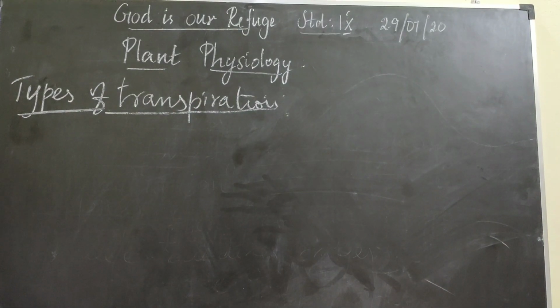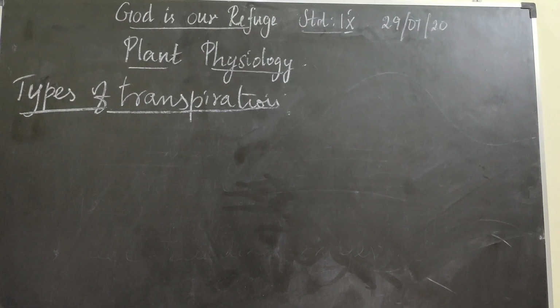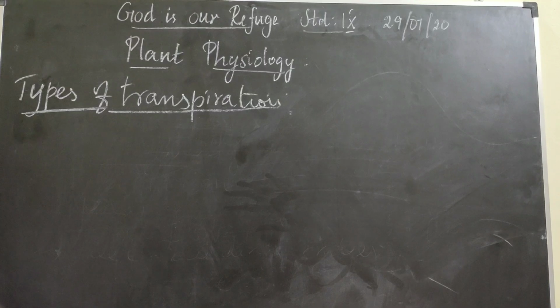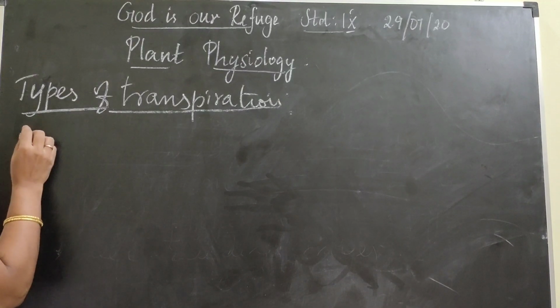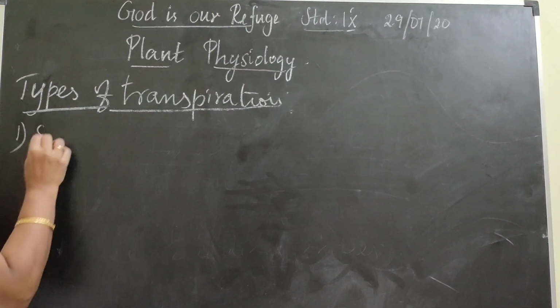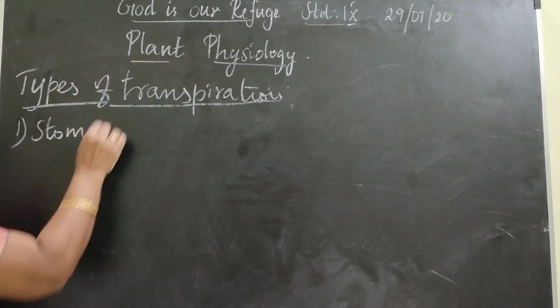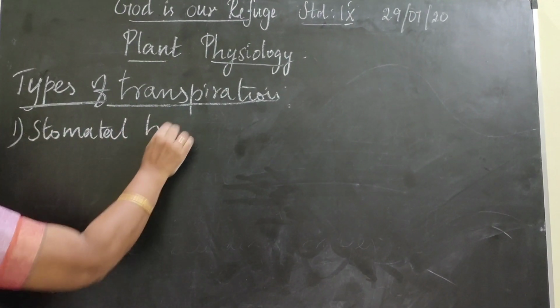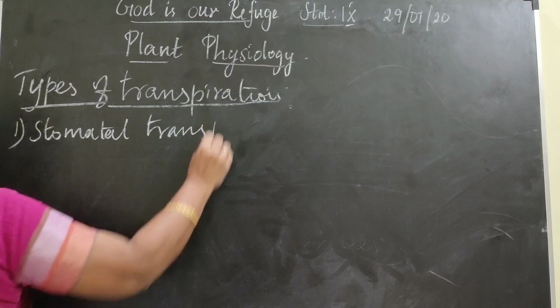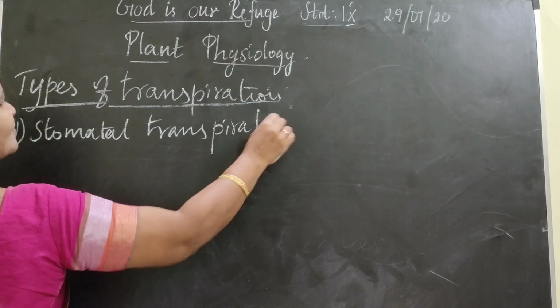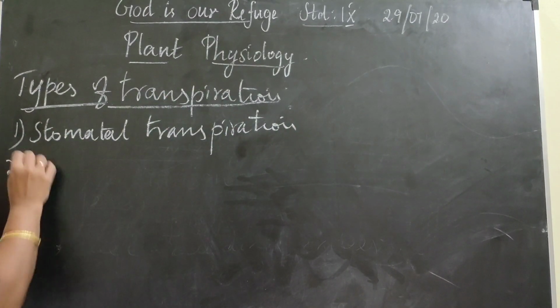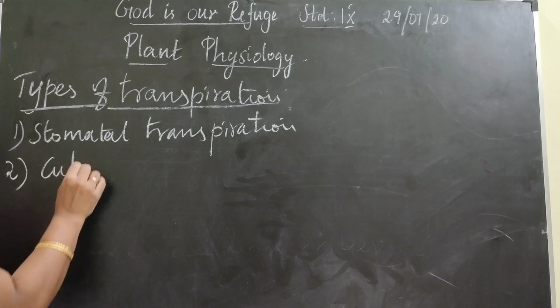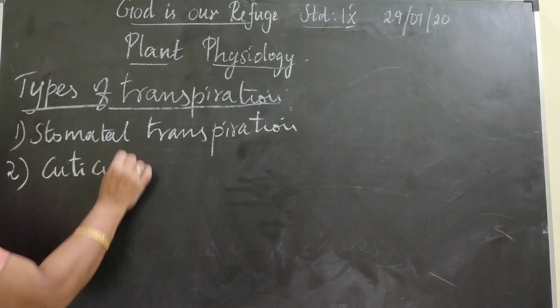There are three types of transpiration. What are they? First one, stomatal transpiration. Second one, cuticular transpiration.